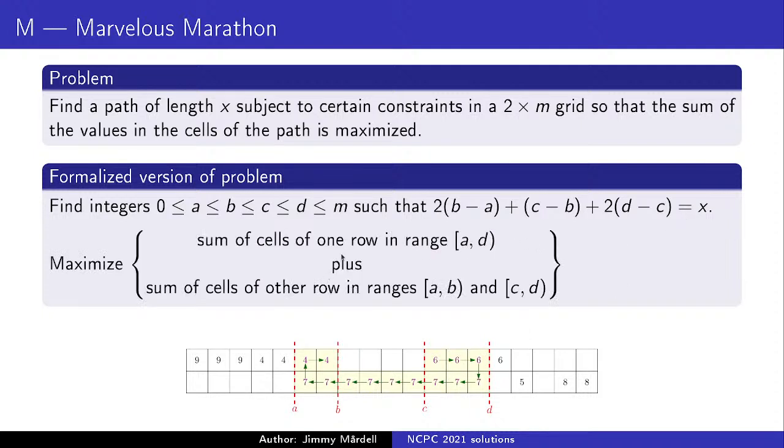And then what we want to do is maximize the sum of the cells in one of the rows all the way from A up to D. So all of these cells in this row, plus the sum of the cells in the other row from A to B and from C to D. So this is one way to view the problem, and an obvious trivial algorithm is an m to the 4 time algorithm by just trying all possible values of a, b, c, and d.